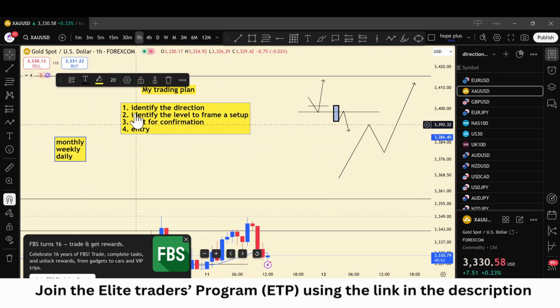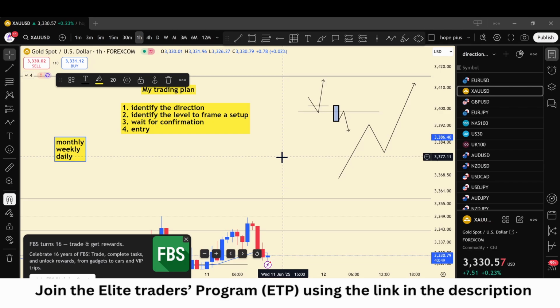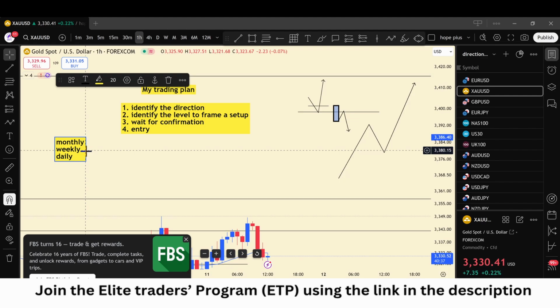Then number two is to identify the level to frame a setup. Now, based on which time frame I'm working with, if the monthly is the one that is bullish, I tend to look at the weekly area for setup to continue the monthly movement. And if the weekly is bullish, I tend to look at the daily time frame to look for areas to frame my setup.